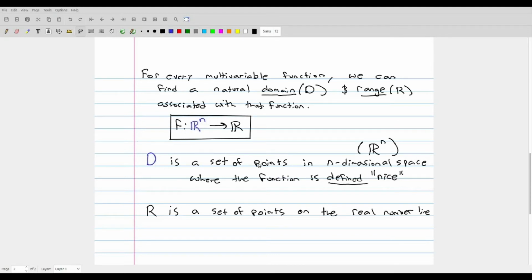It's a set of points where the function is defined. And the range of a function relates to where we're mapping to. In this case, we're mapping into the real number line. This is a subset of the real number line that f maps to, or better yet, a set of points that get hit by f.